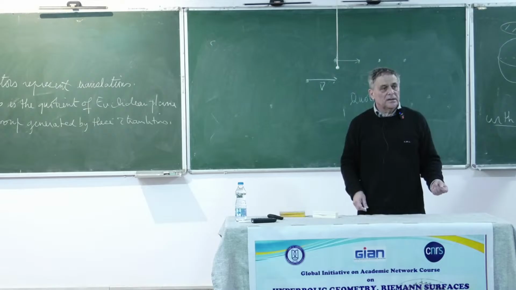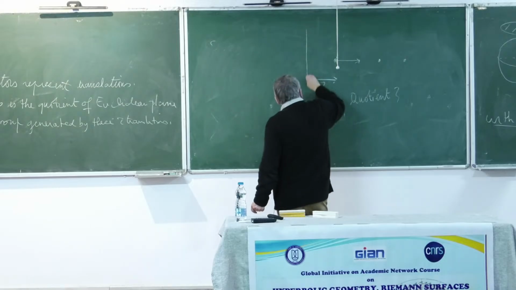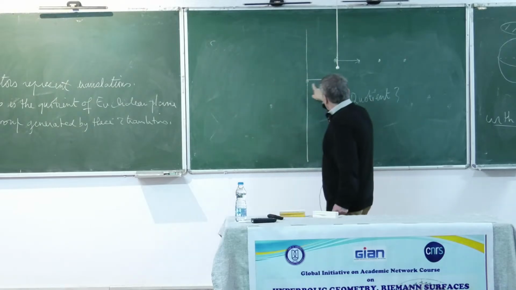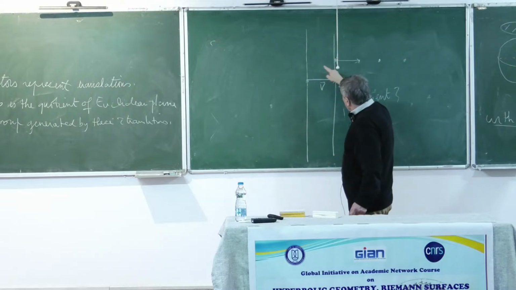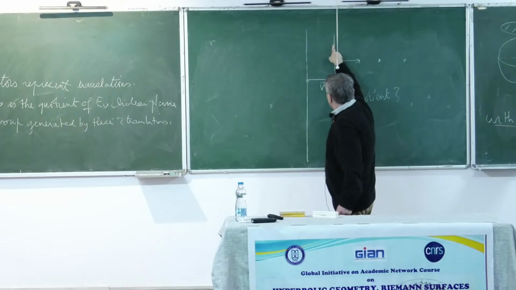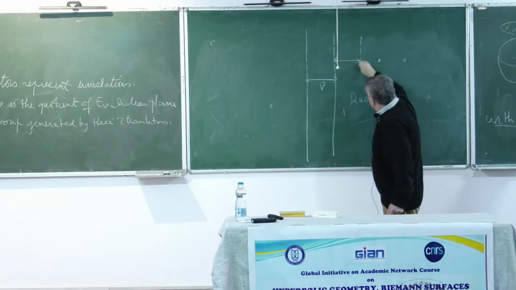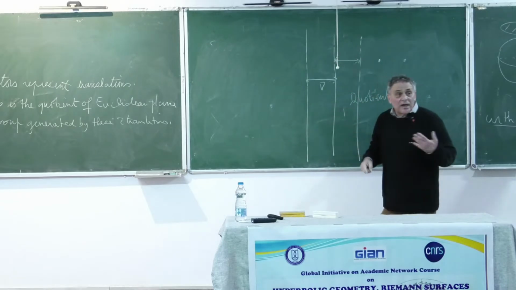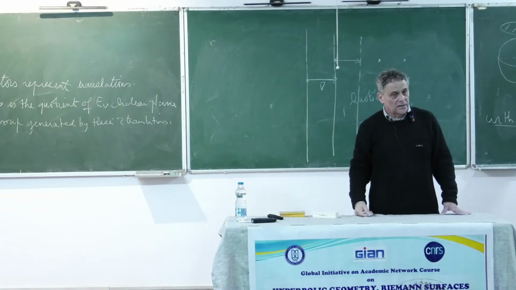What do I get? For instance, this line here will be identified with this line here, because any point here is identified with this point, and so on. And at the result, I get a cylinder.